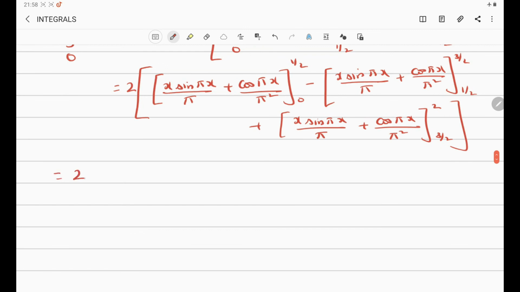So which is equal to 2 times, open the braces, and we substitute half into sin pi by 2 is 1 by pi plus cos pi by 2 becomes 0.